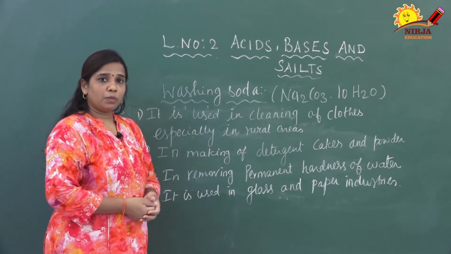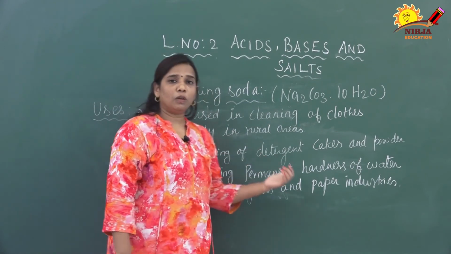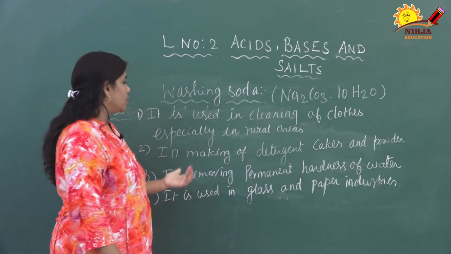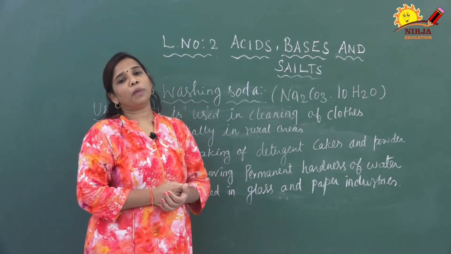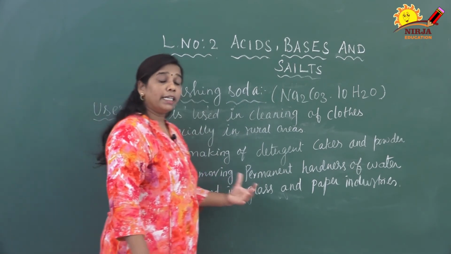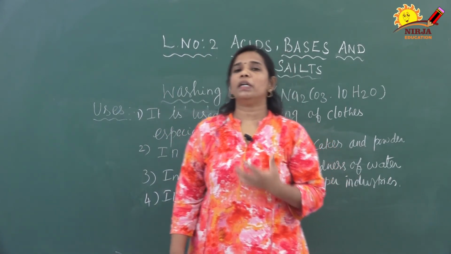Now we are going to discuss the uses of washing soda. Washing soda helps in cleaning clothes, particularly in rural areas. Second, it is used in making detergent as well as washing powder. The third one is it helps in removing the permanent hardness of water. What is meant by permanent hardness?